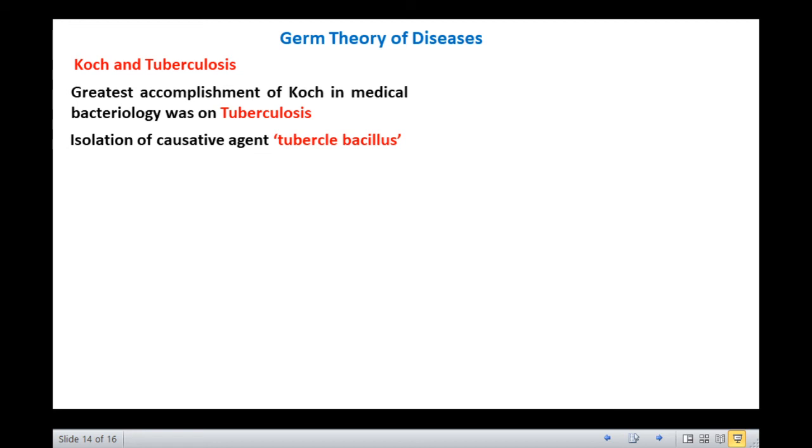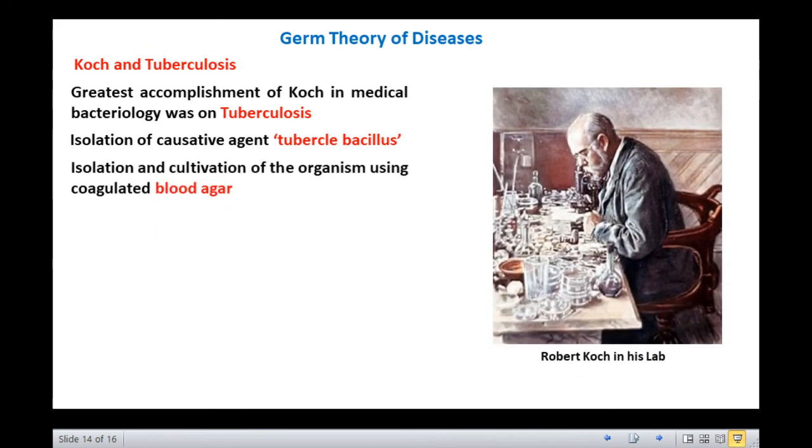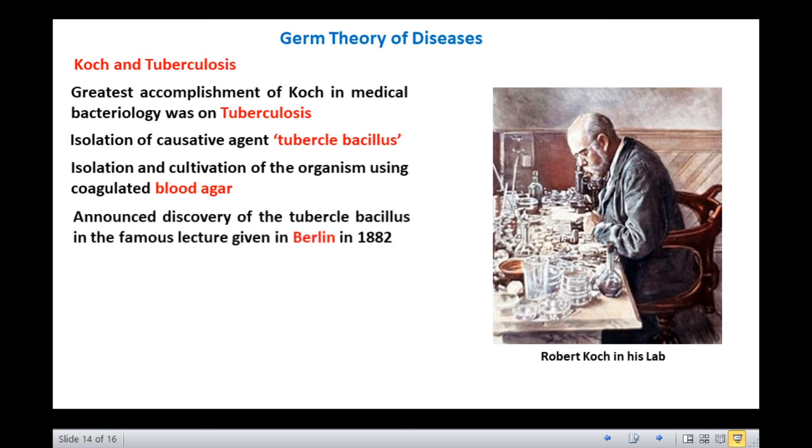In order to prove that it was the specific cause of tuberculosis, he needed to culture the organism. The bacteria, however, could not be grown on routine culture media. He succeeded in isolating and growing the organism using coagulated blood agar. Koch announced his discovery of the tubercle bacillus in the famous lecture given in Berlin in 1882.